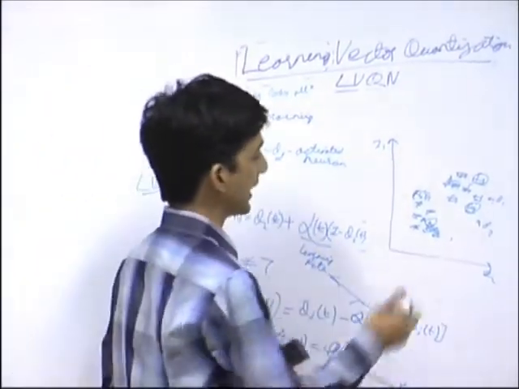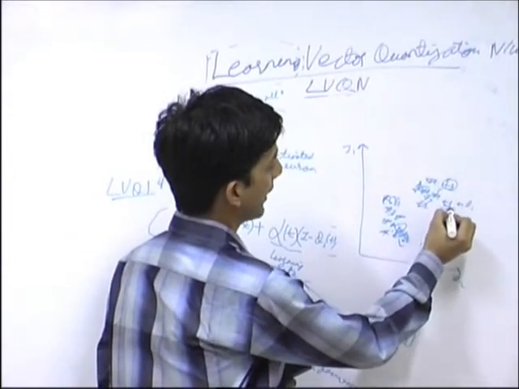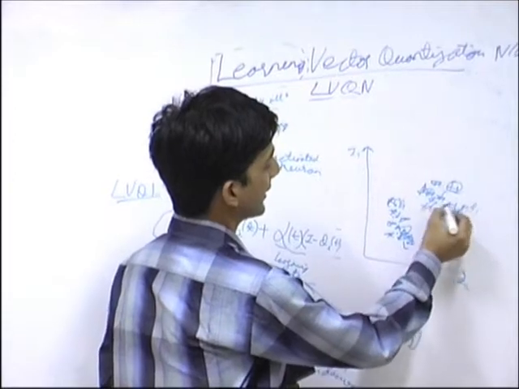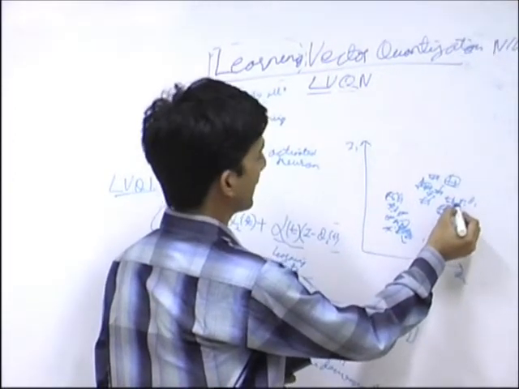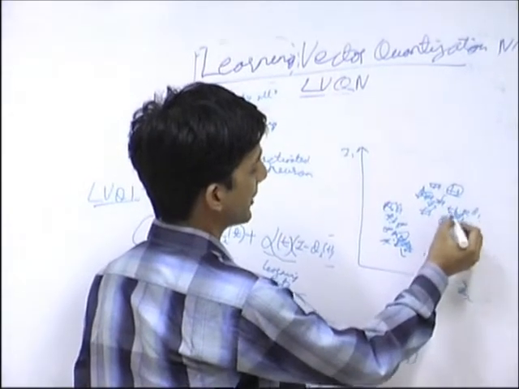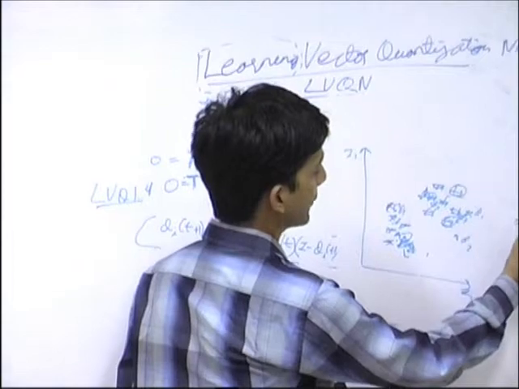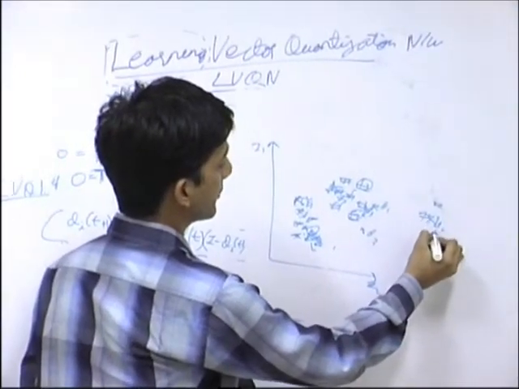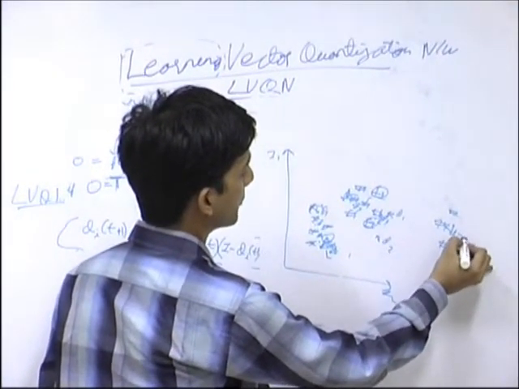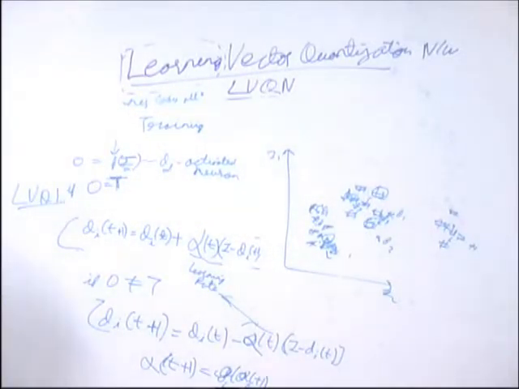Towards the end I might get D1 over here, D2 over here, D3 over here, and D4 over here. After that, it might be in an equilibrium state, something like this, where there is no net attraction available.